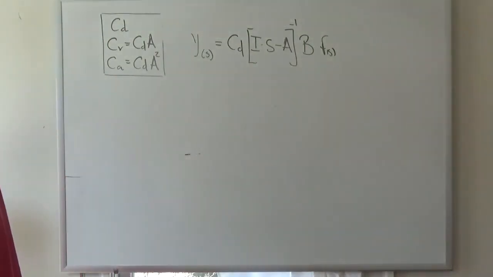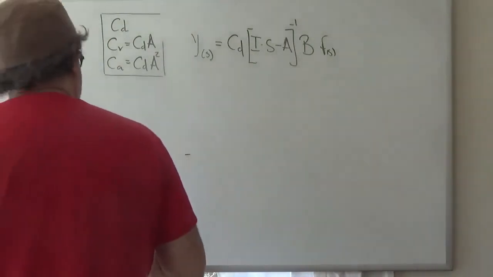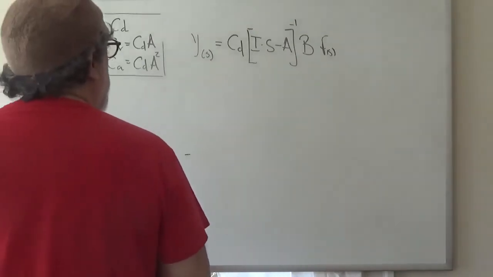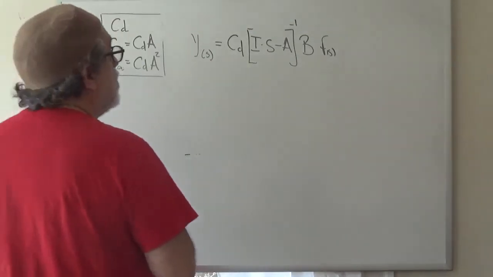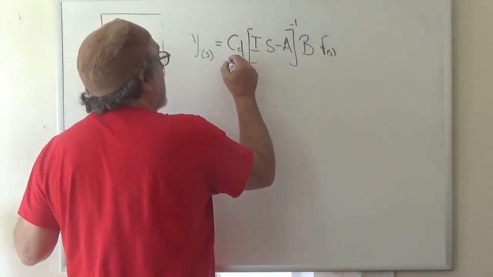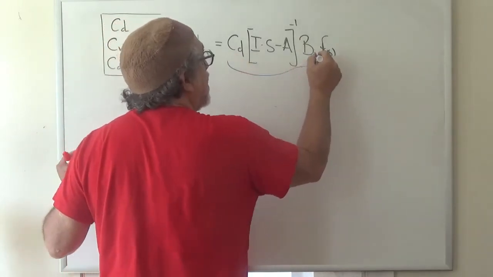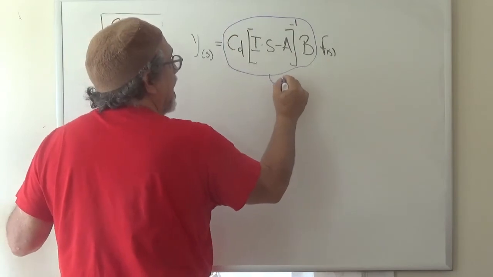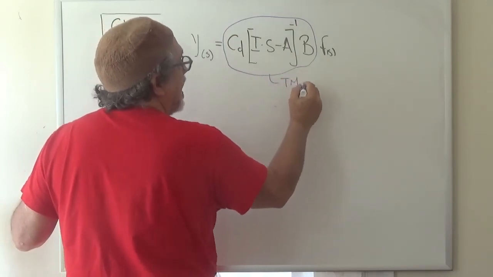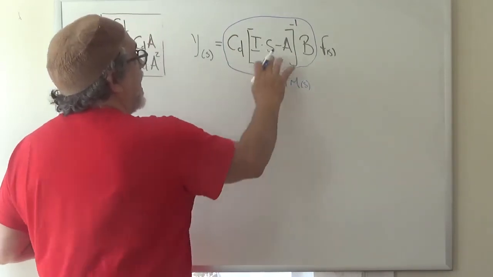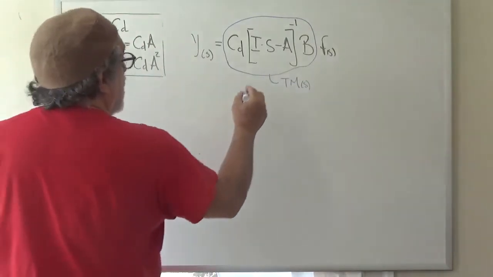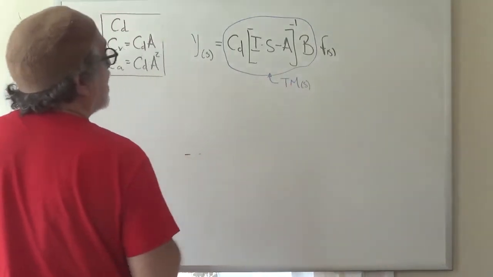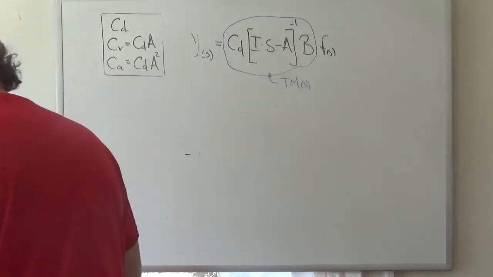Okay, now that matrix right here that connects the output to the input as a function of s is known as the transfer matrix. And as you can see, it's a function of s, right?